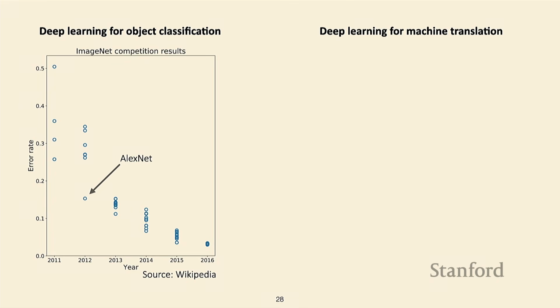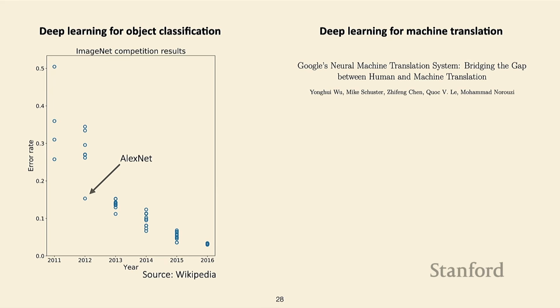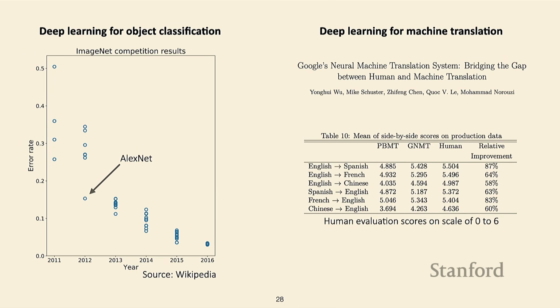In a completely different domain, natural language processing, this is a paper from, I think, 2016 or 2017. They're trying to use deep learning for machine translation. Before this paper, Google Translate was not doing end-to-end deep learning. It was called a phrase-based system, and that's called PBMT, whereas GNMT stands for Google's neural machine translation, which is an end-to-end approach.